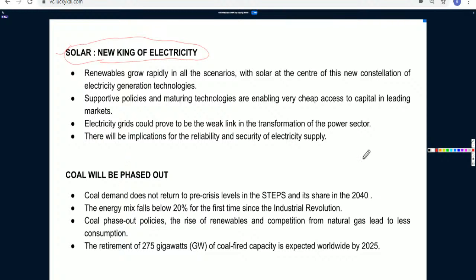This report is saying that solar energy will be the new king of electricity. Apart from this, they are talking about coal being phased out, slowly and gradually. Details have been given here on how coal will be phased out in the next 10 to 20 years.